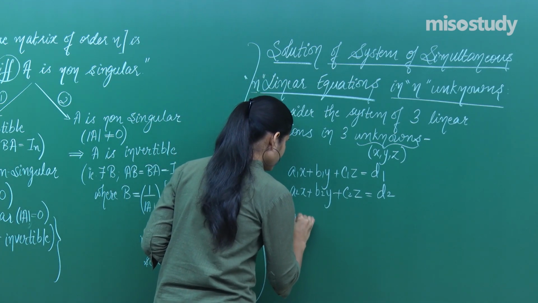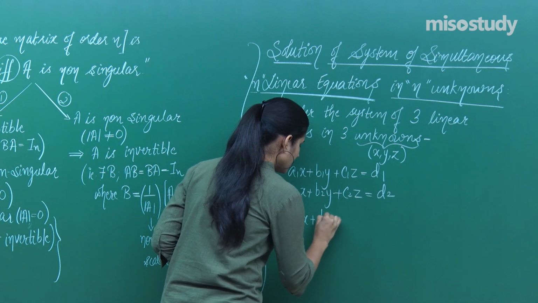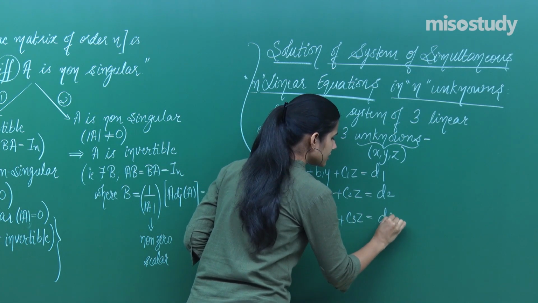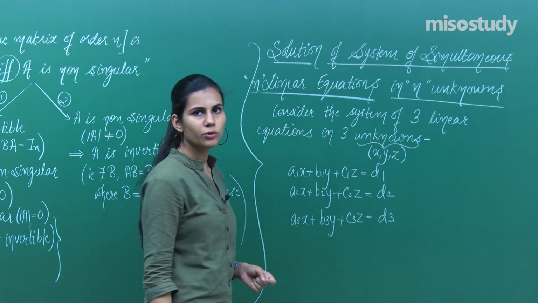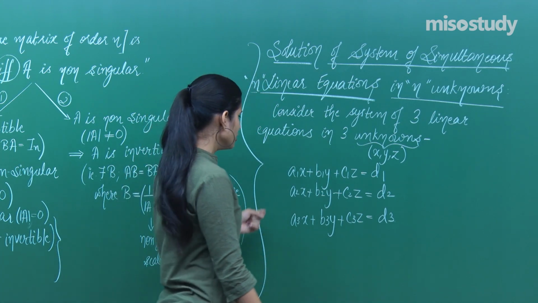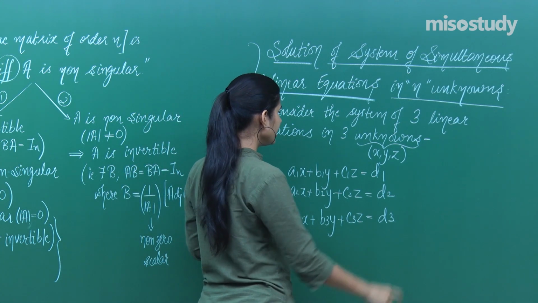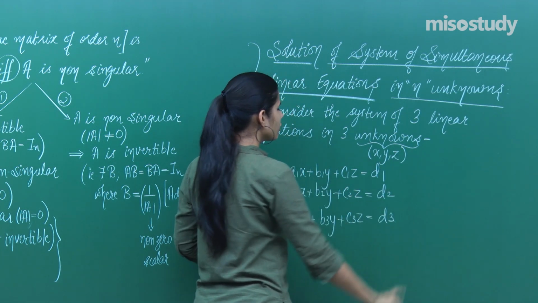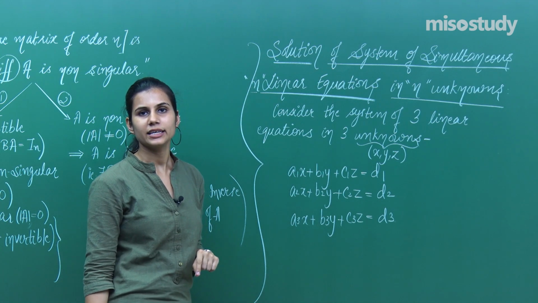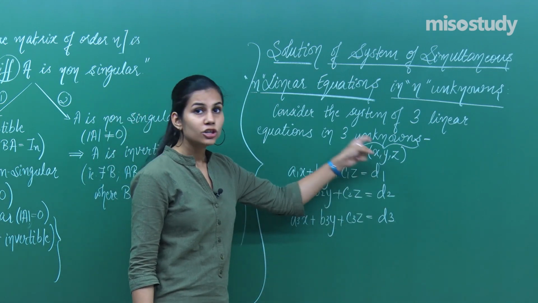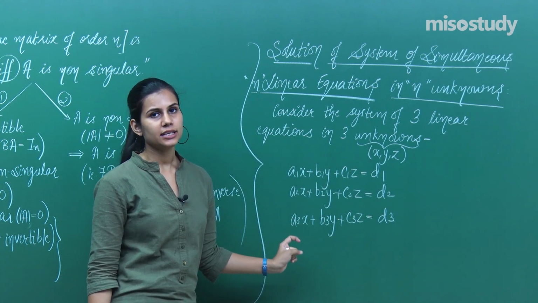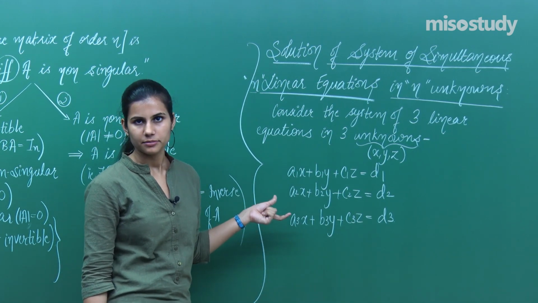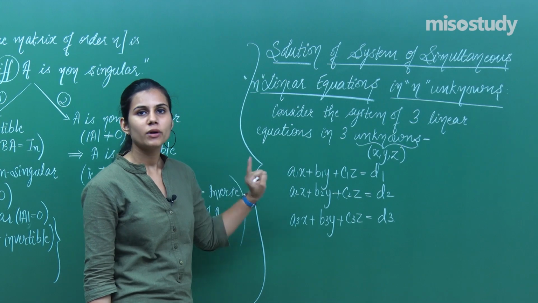And then you have yet another equation a3x plus b3y plus c3z equals d3. This is the third equation in the three unknowns x, y and z. So this is equation 1, equation 2, equation 3. This completely, together, simultaneously considered, is one system of three linear equations in three unknowns x, y and z. All three of them belong to one system.